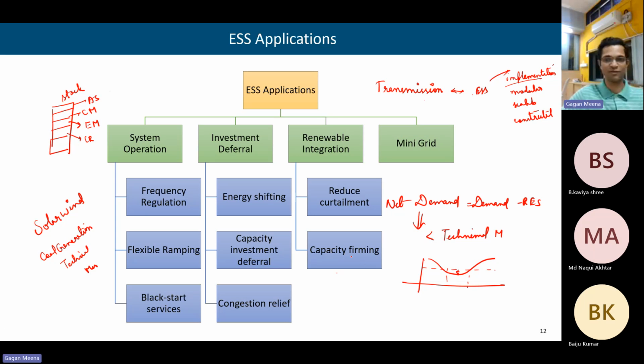So this becomes a problem. Now conventional generators cannot reduce. They have to operate at technical minimum, and demand is even less than that. Now what will be the problem? Generation is more than demand. What will happen? Can you tell what will happen?